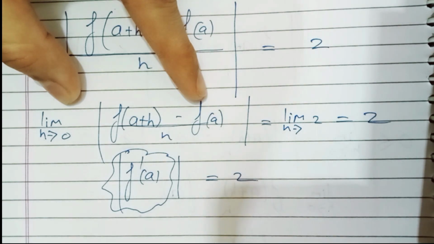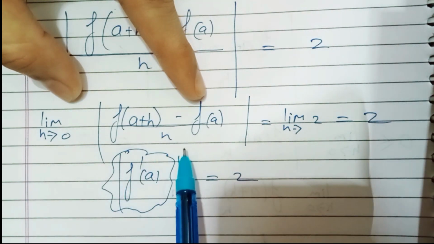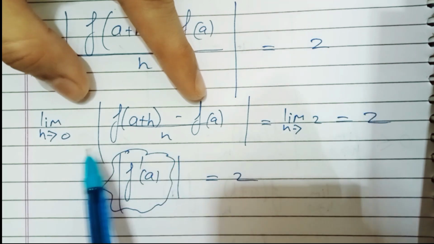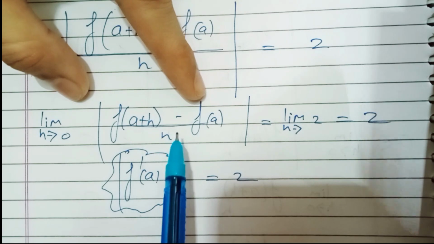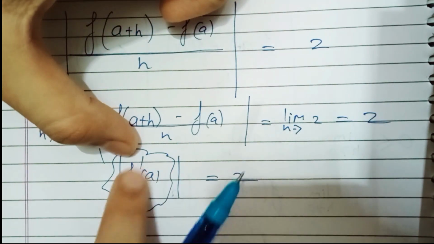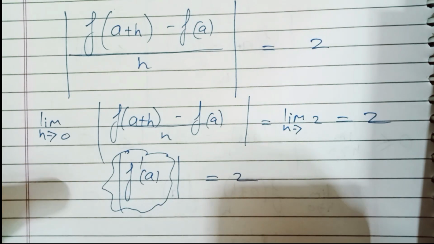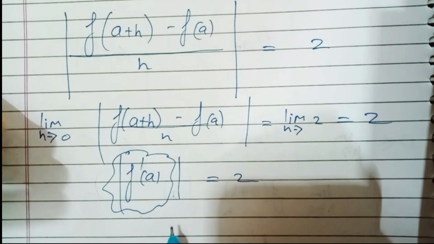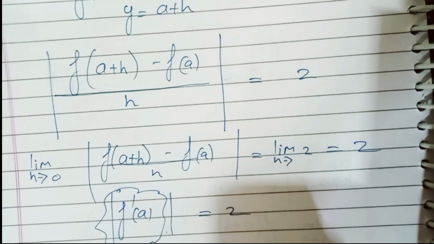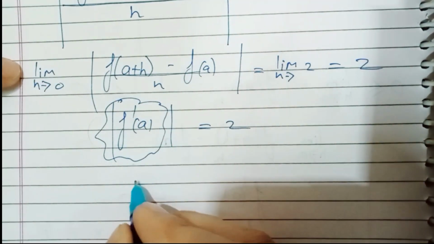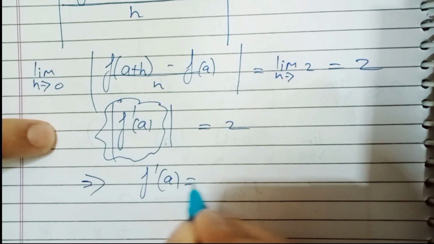So this limit has no one particular specified value. So right now we cannot say from this that the limit exists, and therefore we cannot use this symbol. That's wrong. But just for the sake of explanation, if we take this symbol, we can imply that f dash a is either 2 or -2.